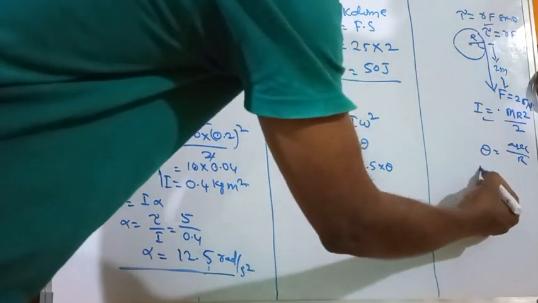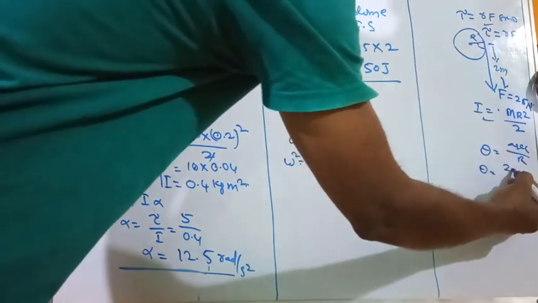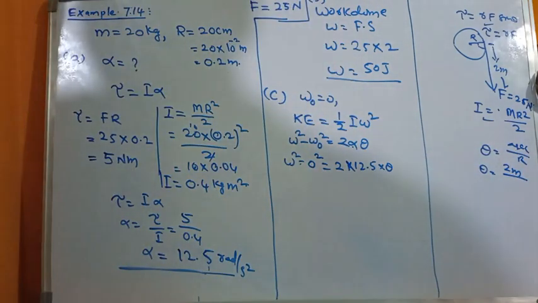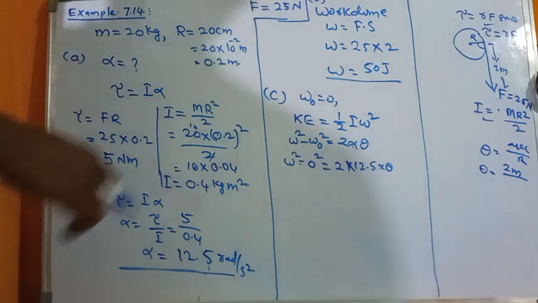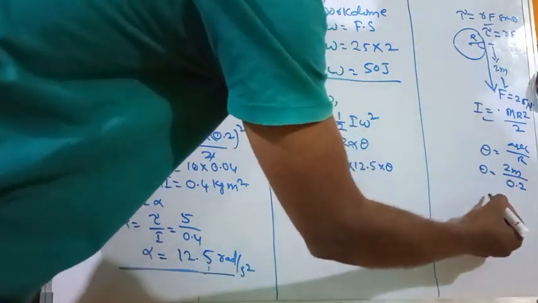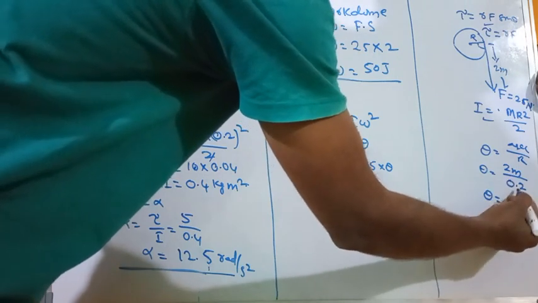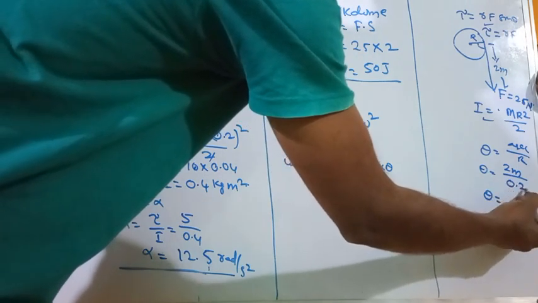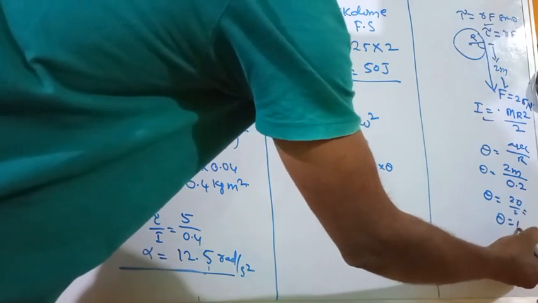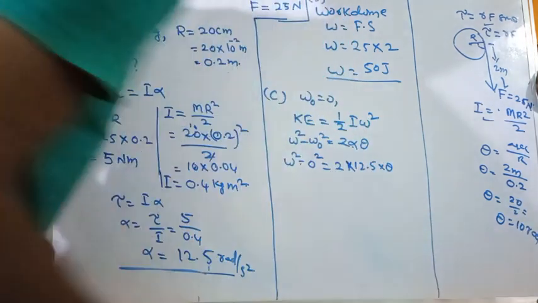So theta is equal to the arc length of 2 meters over the radius of the flywheel, which is given as 0.2 meters. From that, theta is 20 by 2, which is equal to 10 radians. This is our theta.